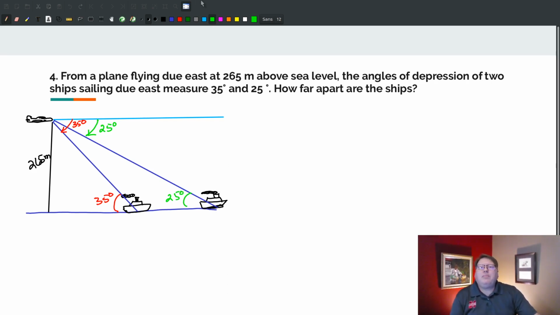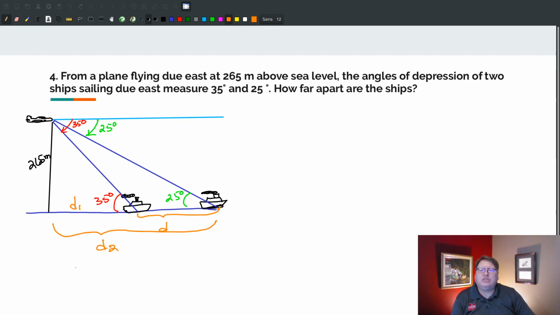So they are basically wanting us to calculate the distance between the ships. So they want to know what is this distance right here, okay? Well, we're going to say this is the distance for ship 1, and then we also have the distance for ship 2. That's all of this.